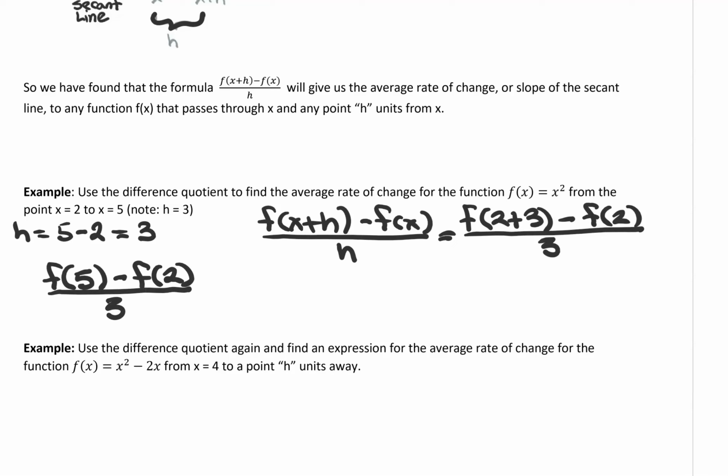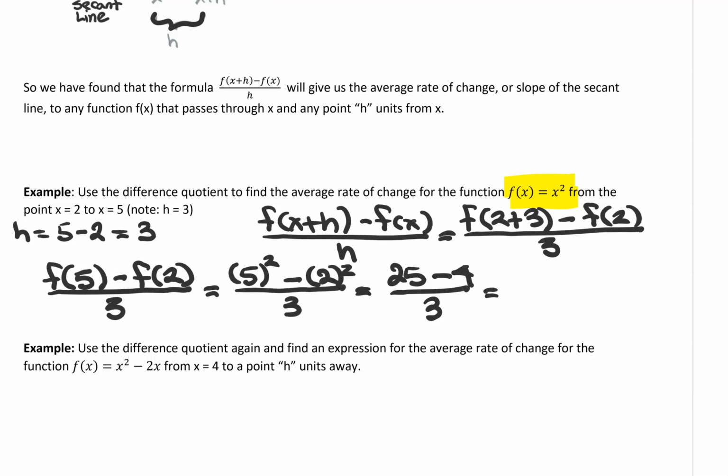So what is f of 5? Well, remember the function is x squared. So if we want to find f of 5, you're just going to plug 5 in for the x and square it. And f of 2 would be plugging 2 in for the x. So 2 squared over 3. So we end up with 25 minus 4 over 3, and 21 divided by 3, which is 7.